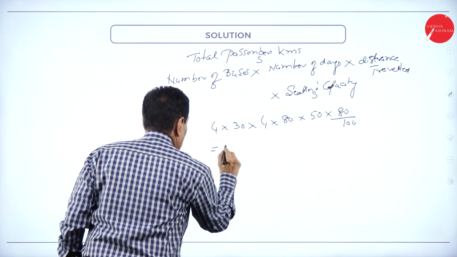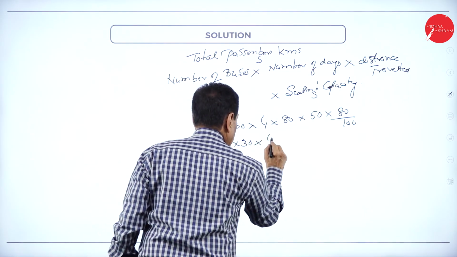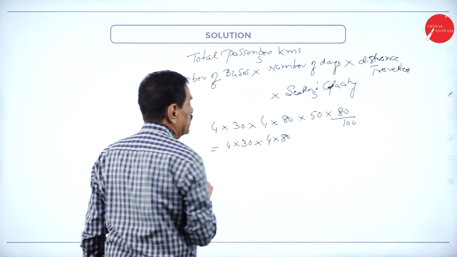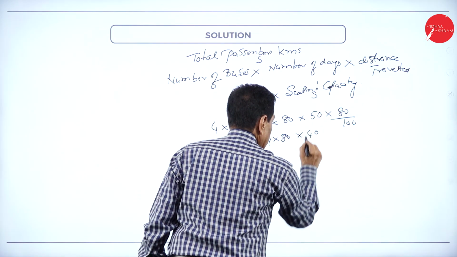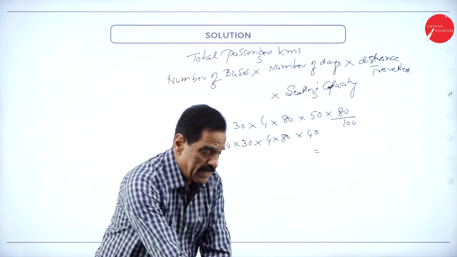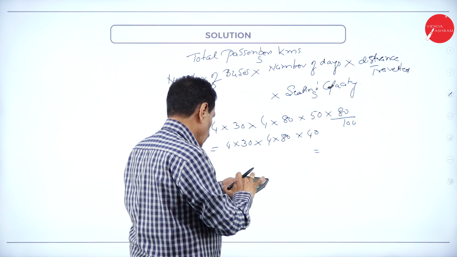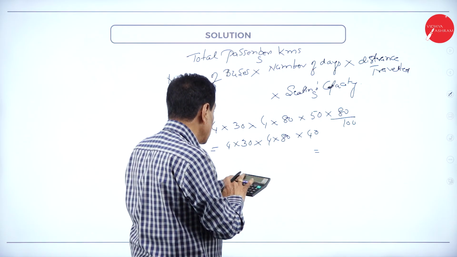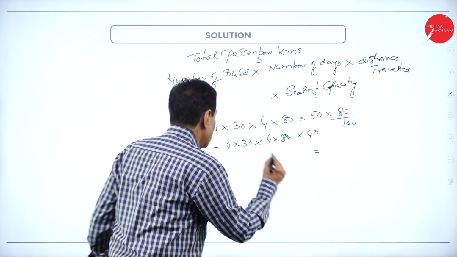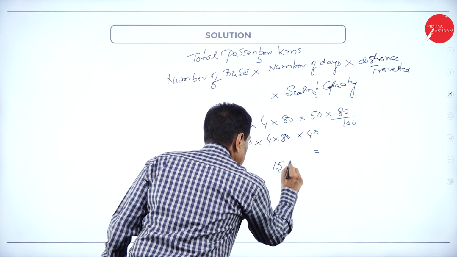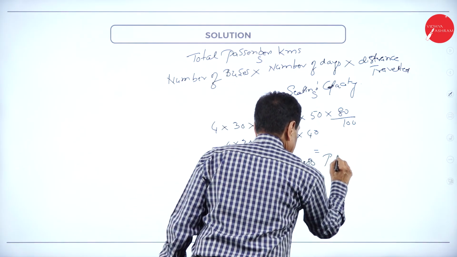So this is equal to 4 into 30 into 4 into 80, 4 trips, so going and coming. 80% of 50 is 40. So multiply this: 4 into 30 into 4 into 80 into 40. It will come to 15,36,000 passenger kilometers.